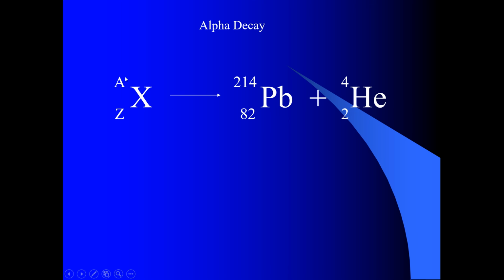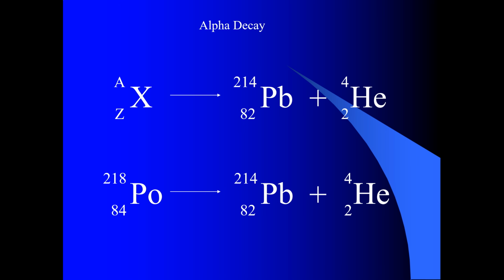So we should have an unstable nucleus, and that unstable nucleus should eventually go to lead, which is a stable nucleus, by alpha decay. So what is that particular nucleus? The parent nuclei decay to lead.